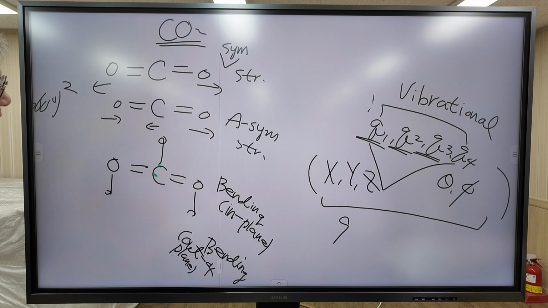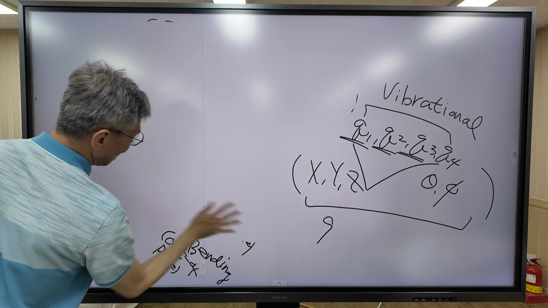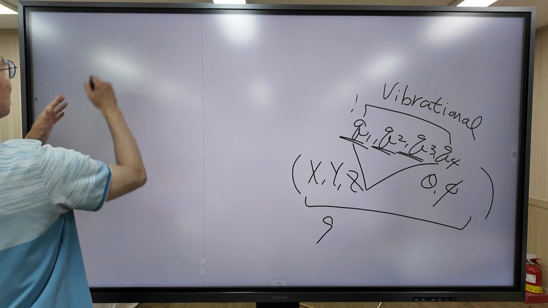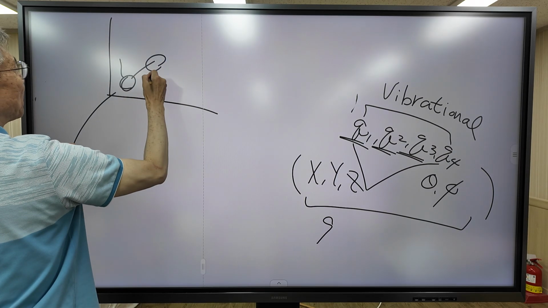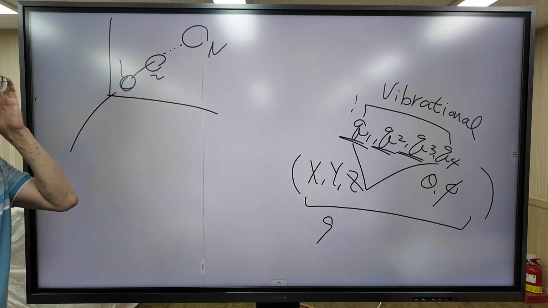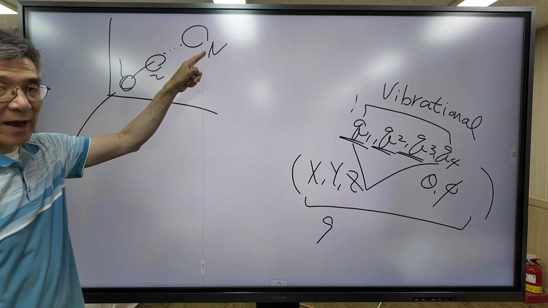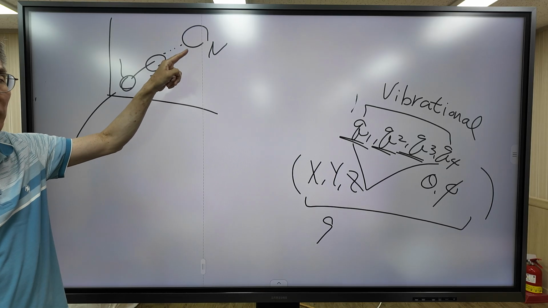Okay. Now I'm going to generalize. What happens when we have a linear molecule composed of n atoms? How many vibrational modes does this molecule have?